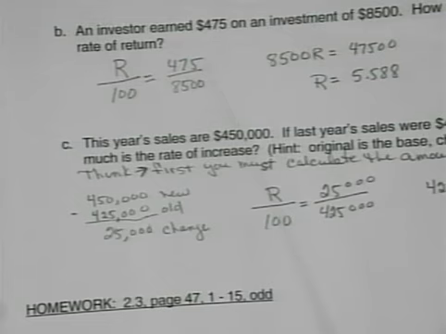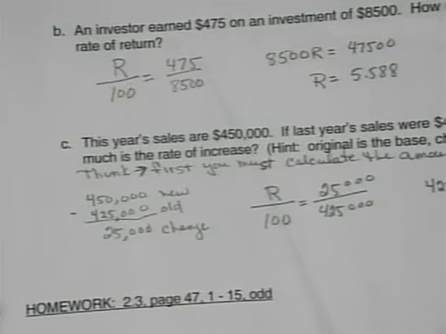We've got 450,000, which is the new, 425,000, which is the old, which gives us change of $25,000. Our proportion then says R over 100 is proportional to 25,000 over 425,000.